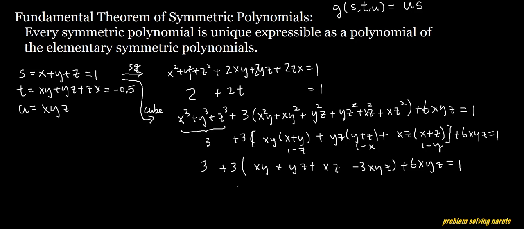Okay, so that is t, which is negative 0.5. So we have 3 times negative 0.5, and then minus 3xyz plus 6. Okay, so that is my u. So 0.5 is 3u, so u is 1/6.